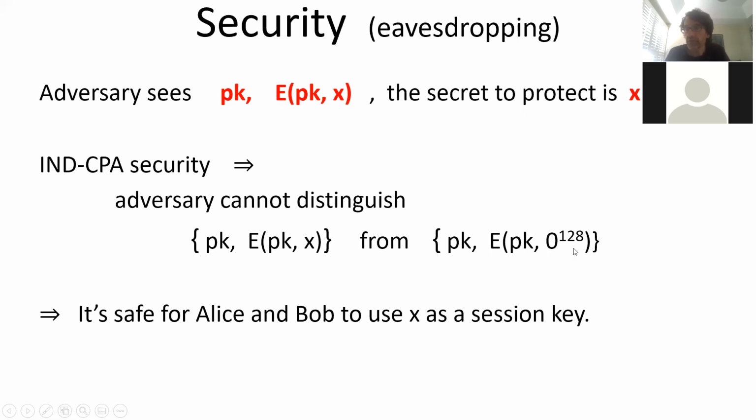Therefore, this contains no information about the session key. Therefore, in this world, it is as if Alice sends PK to Bob, and Bob sends an encryption of an all-zero bit string. And then magically X appears on both Alice's and Bob's side. Clearly, you can throw this out because it had nothing to do with X. It could be completely insecure, or maybe the encryption doesn't work. At this point in the argument, you don't really care what these things are, because the only thing you care about is that they don't have anything to do with X, which is just randomly chosen and magically appears on both sides.